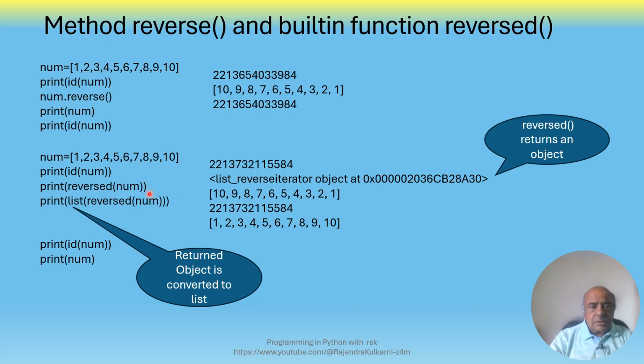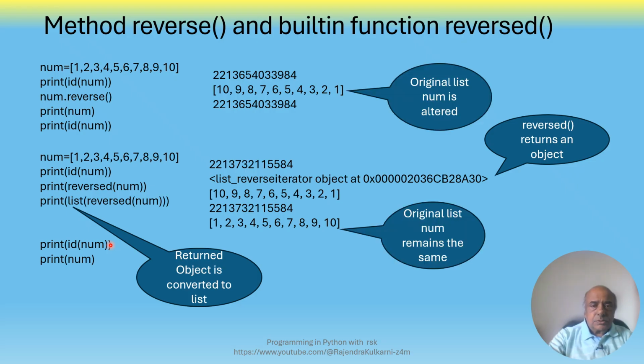In case of reversed function, the original list does not change. The location of all the items in the list remain the same, even though we have used the function reversed num. So in case of reversed, original list remains the same. In case of dot reverse, original list is changed or altered.